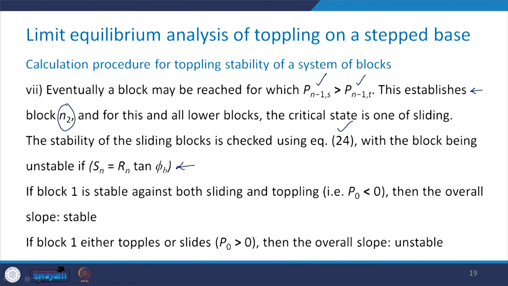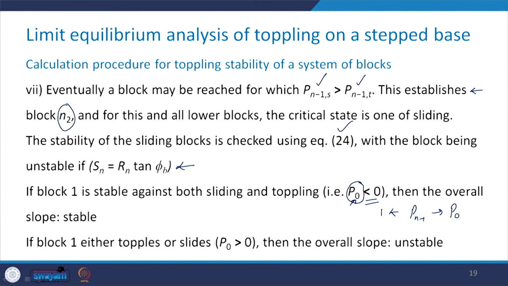Now, if block 1, which is the lowermost block near the toe of the slope, is stable against both sliding and toppling, that is P0. Why are we getting this P0? Because it is block number 1, and for block number 1 Pn minus 1 will be P0. So, if P0 is less than 0, then the overall slope is going to be stable.